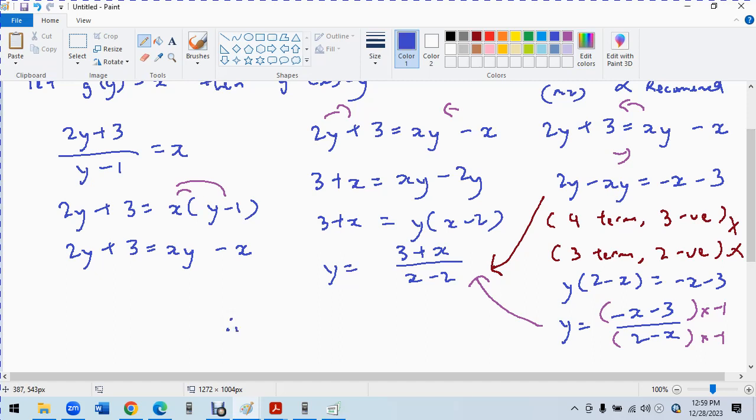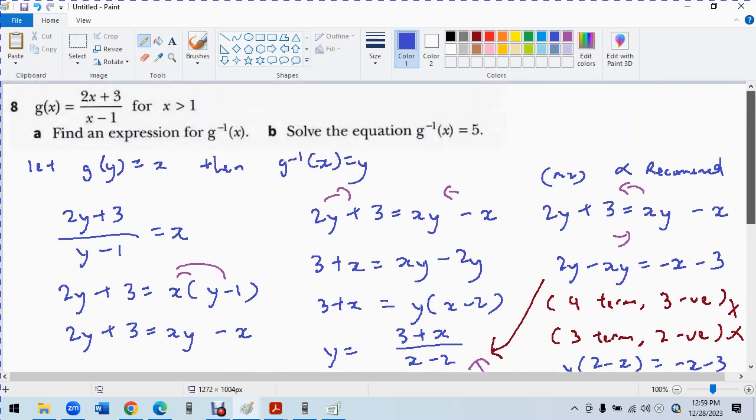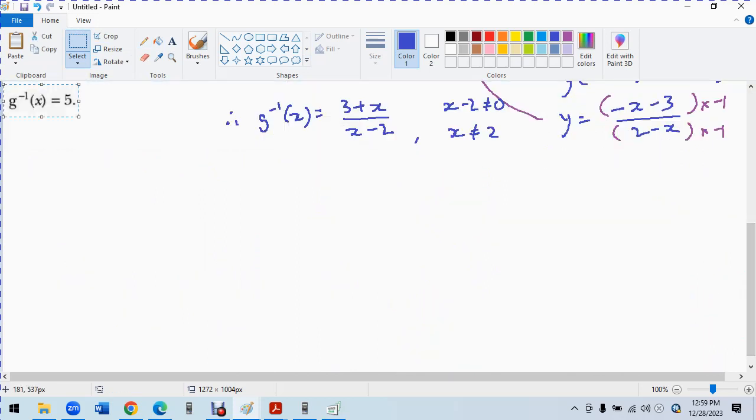So for this one, the g inverse of x will become (3 plus x) over (x minus 2), with the condition that x minus 2 not equal to 0. The denominator part has x, so you must state that it cannot be what number. So x cannot become 2. Okay. Next, the question wants to find g inverse of x equal to 5.